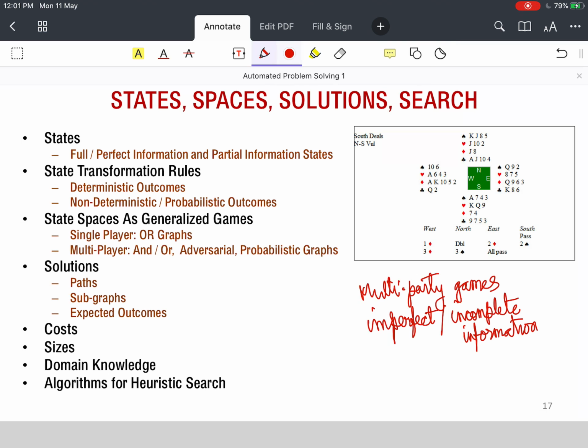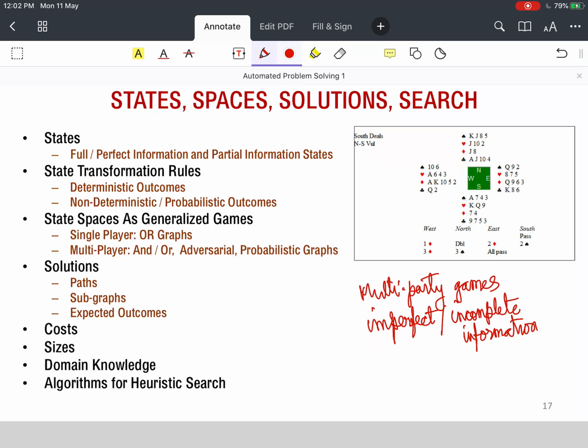Here we have 2 players forming a team on one side, 2 players forming a team on the other side. And even you do not know your own team players' cards, but you can guess them by a round of bidding and things like that. So you are playing as a team, you do not know the complete state space, and you need to make a move. And when you make a particular move, you really don't know what move your opponent is going to make or even what move your partner makes.